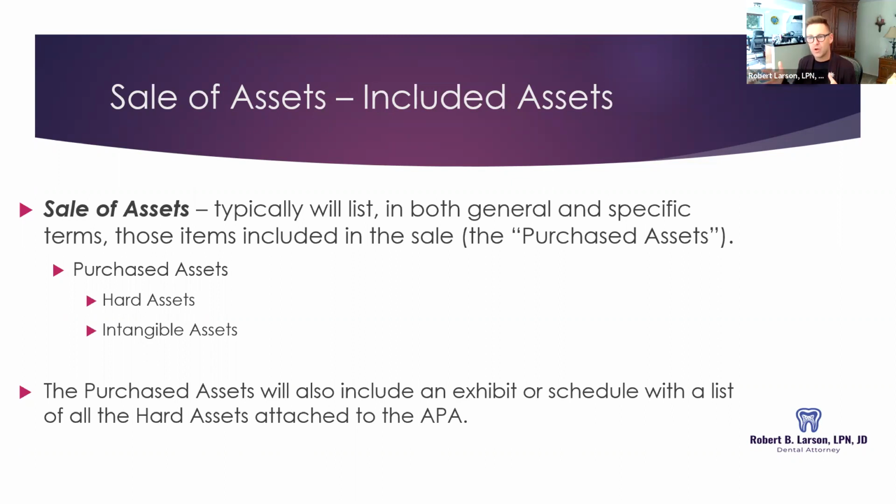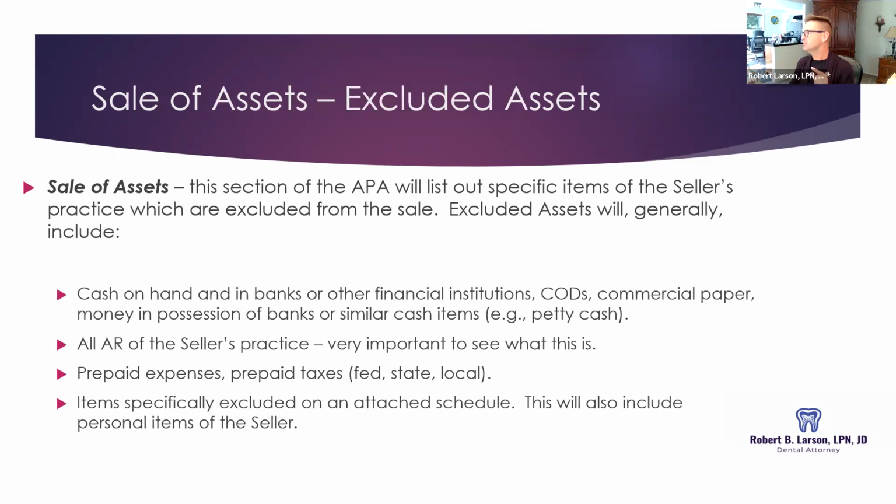That's going to be goodwill, websites, things that exist in the world, but you can't actually go and touch. And typically there'll also be a schedule of what those assets are. The sale of assets will be specifically listed in the asset purchase agreement. Those things that are included, big items.